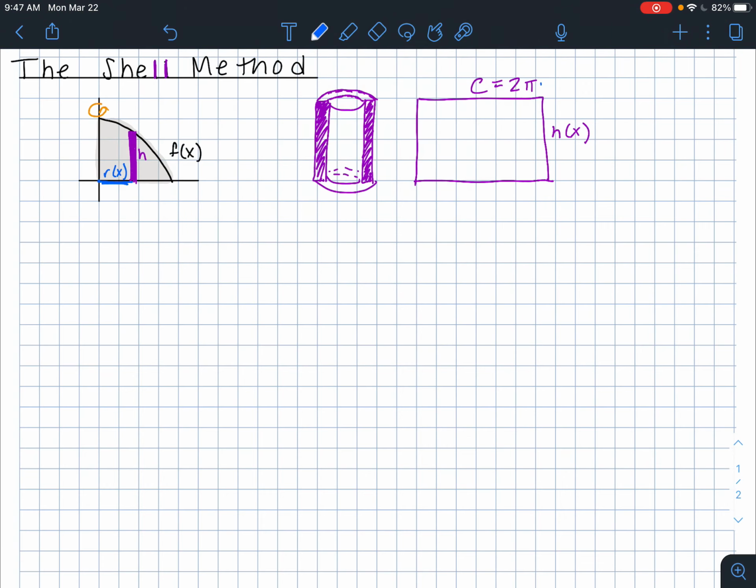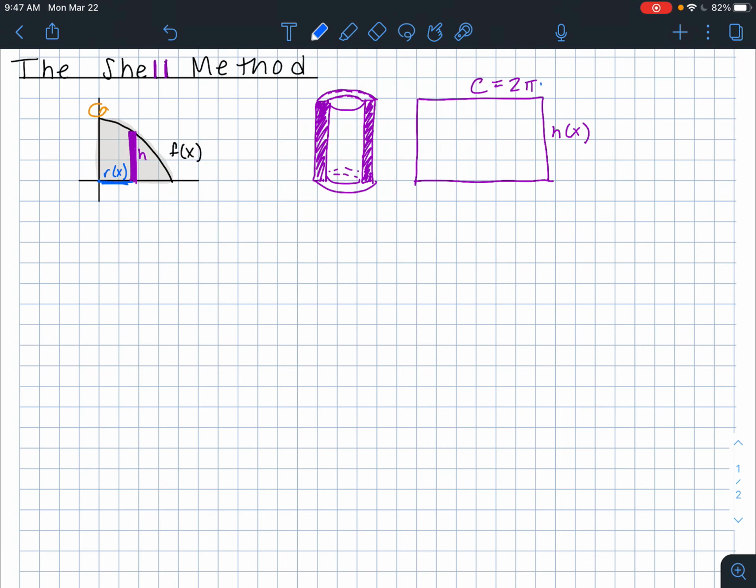If you're moving just from the origin to the right, your distance is just the x coordinate. And then if I were to go from here to here, this distance is 8. So my radius is going to be my distance of 8 minus the x coordinate. It's just the difference between them.